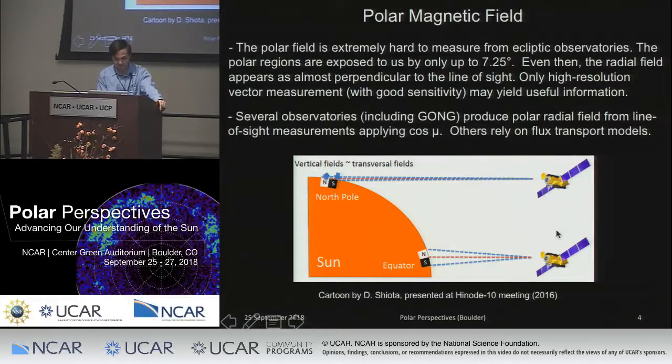This diagram shows the advantage of Hinode observations, but several observatories, including GONG, don't have a vector field measurement, and produce the polar field from line-of-sight measurements by applying cosine mu. This is because vector field measurement is intrinsically noisy. People say the noise level is 100 Gauss instead of 10 Gauss for longitudinal measurement. And others rely on flux transport models.